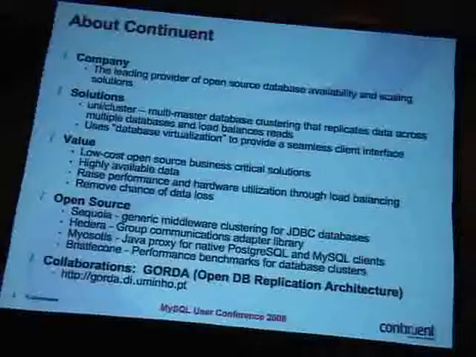We do a lot of work in open source. Ultimately, all of our products are based on open source. We build commercial things on top of them. The key open source product that we sponsor right now is called Sequoia, which is generic middleware clustering for JDBC. But we have a number of other projects that are related to that. In fact, I'll discuss the stack because that's relevant to this whole problem of testing that we're going to be discussing.